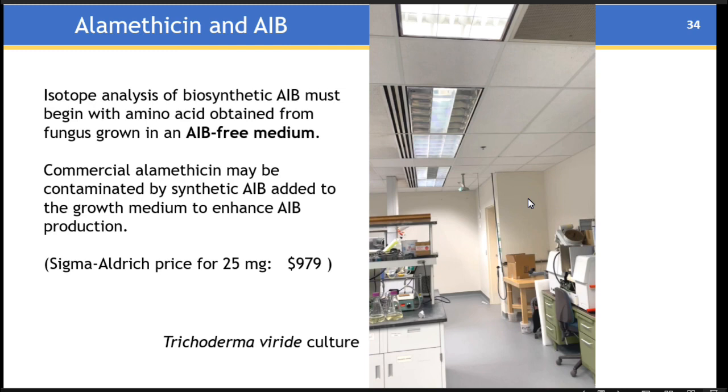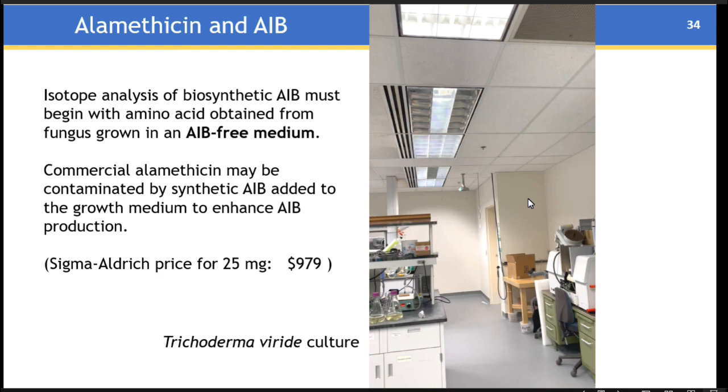The commercial alamethicin may be contaminated with synthetic, chemically synthesized AIB, because it's known that you can increase the yield of alamethicin in Trichoderma and other fungi by dumping extra AIB into the medium.